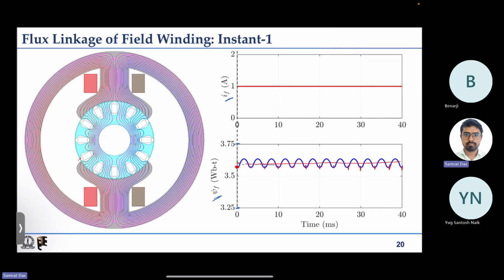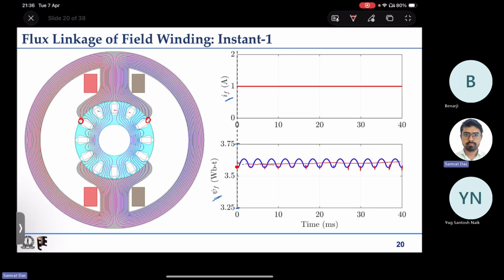If you look carefully at this instant, you have a slot opening in the rotor just after the stator pole, and again the same symmetrical picture, and under the pole you have 3 slots.